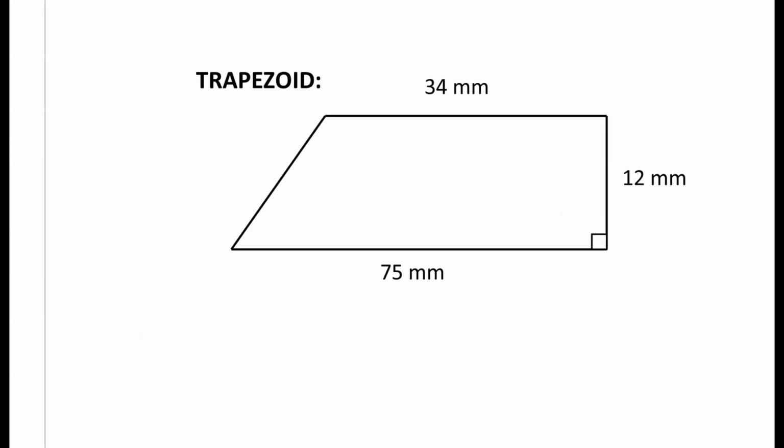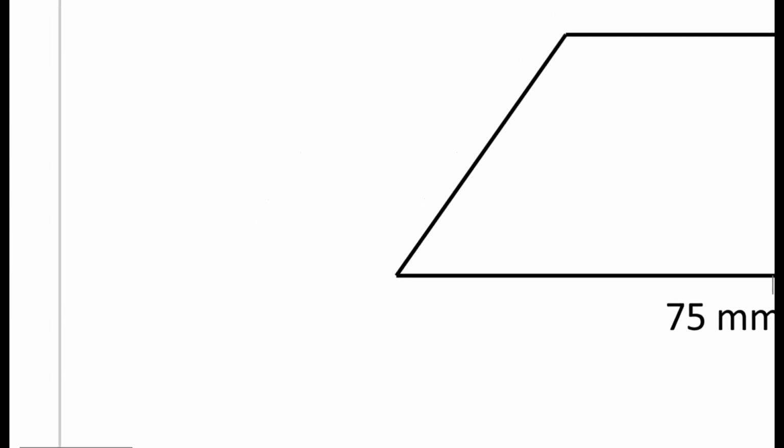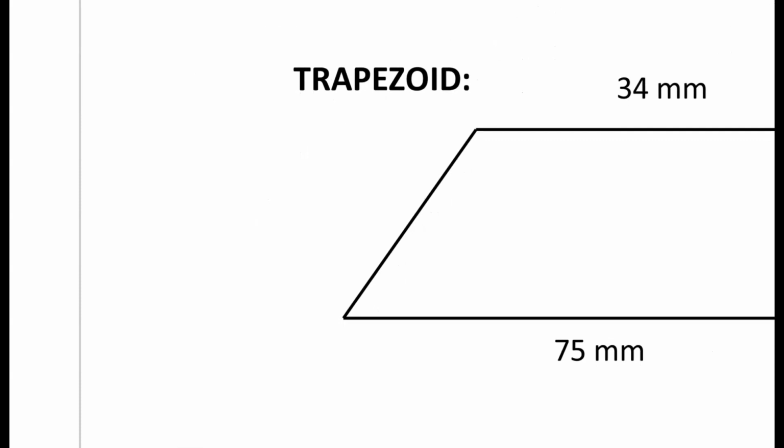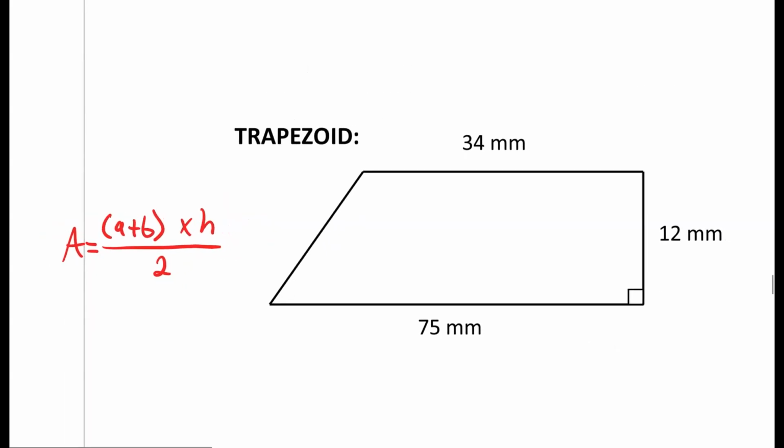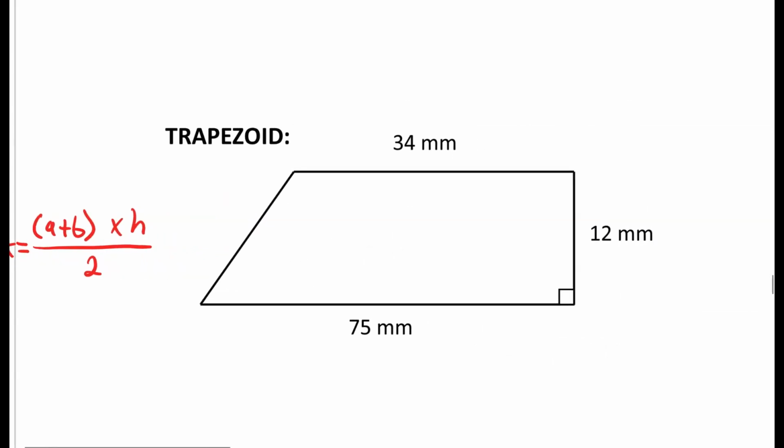The next shape we're looking at here is a trapezoid. Now, the formula that we want to use is area equals A plus B times our height over 2. So what we're going to call A and B is going to be A up here, B down there.